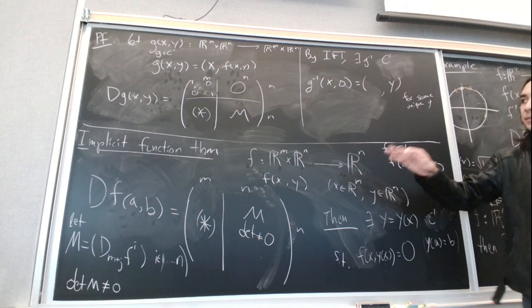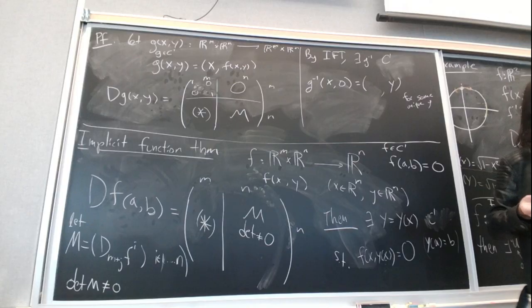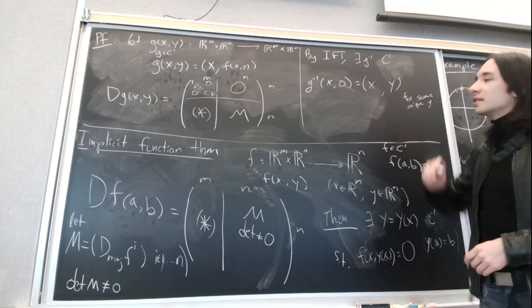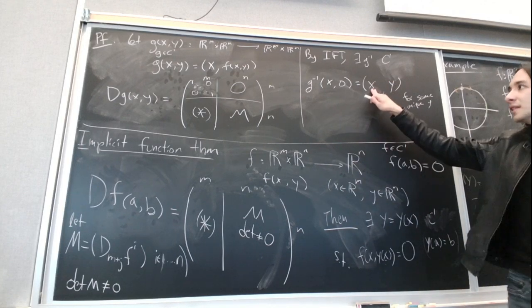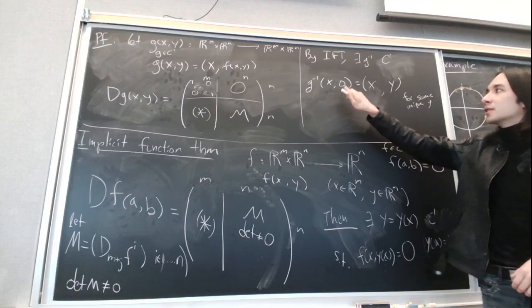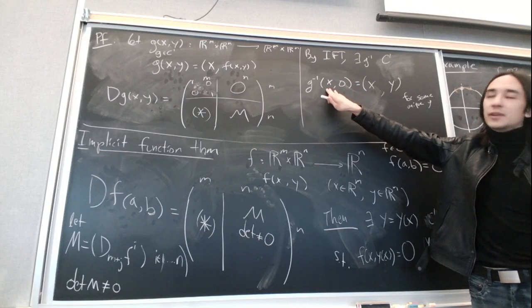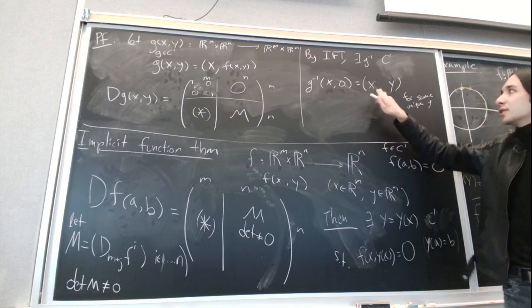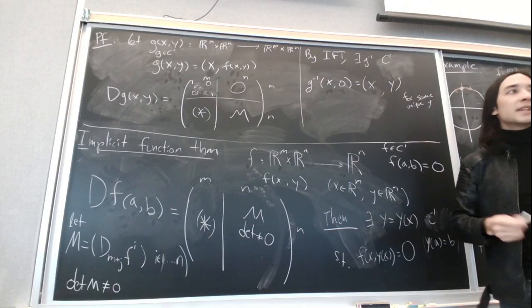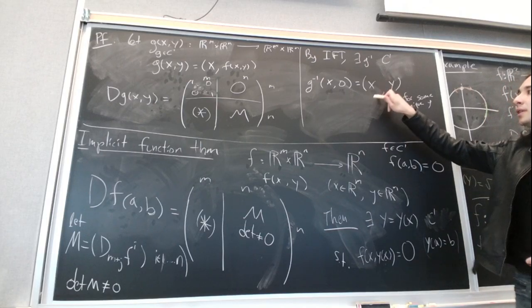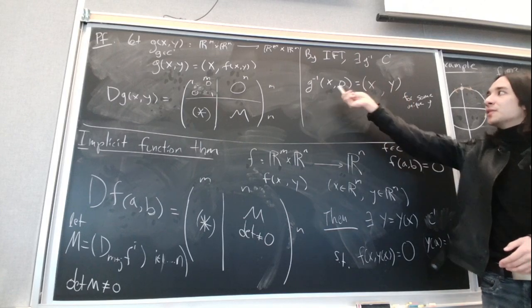Not exactly. Don't think about the derivative. Just x. Yeah, exactly. G restricts to the identity in this first component. So the g inverse of (x, 0) just looks like (x, y) for some y. So it basically says there's a unique point (x, y) such that g maps it to (x, 0).